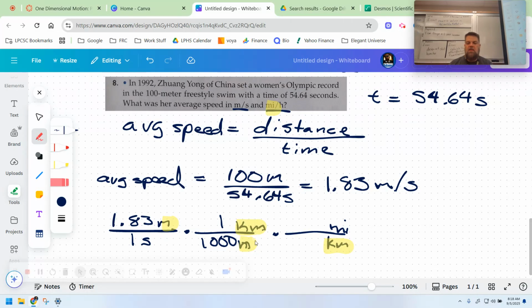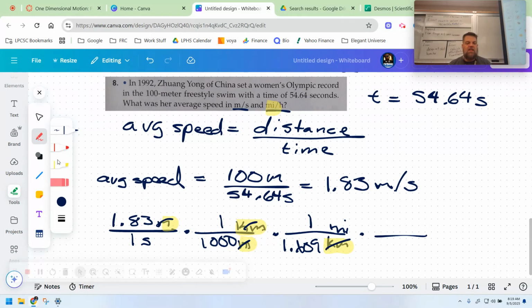So how many kilometers are in 1 mile? I know this is 1 mile up here. What is it? 1.609. Okay, so meters have canceled with meters, kilometers with kilometers, and now I have miles.